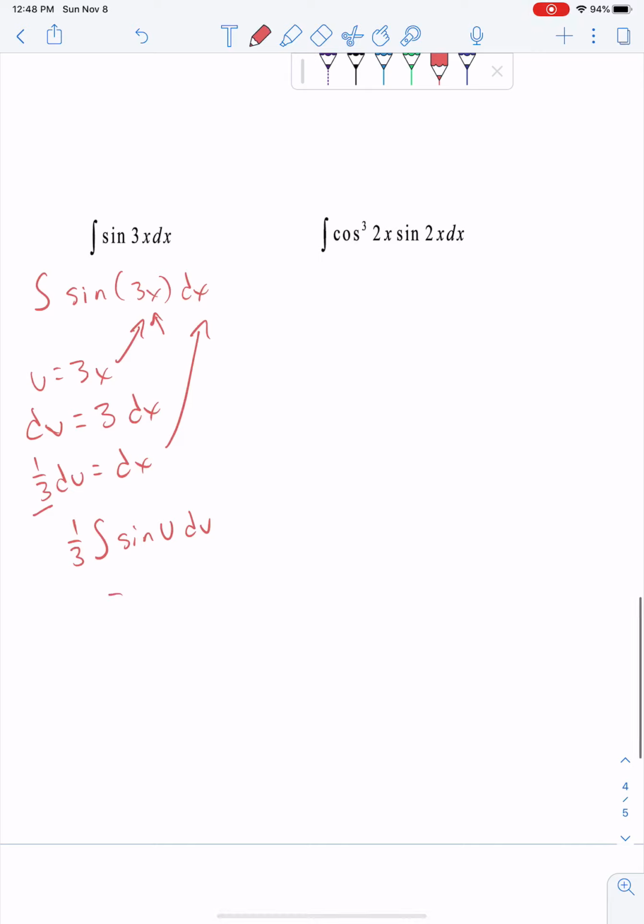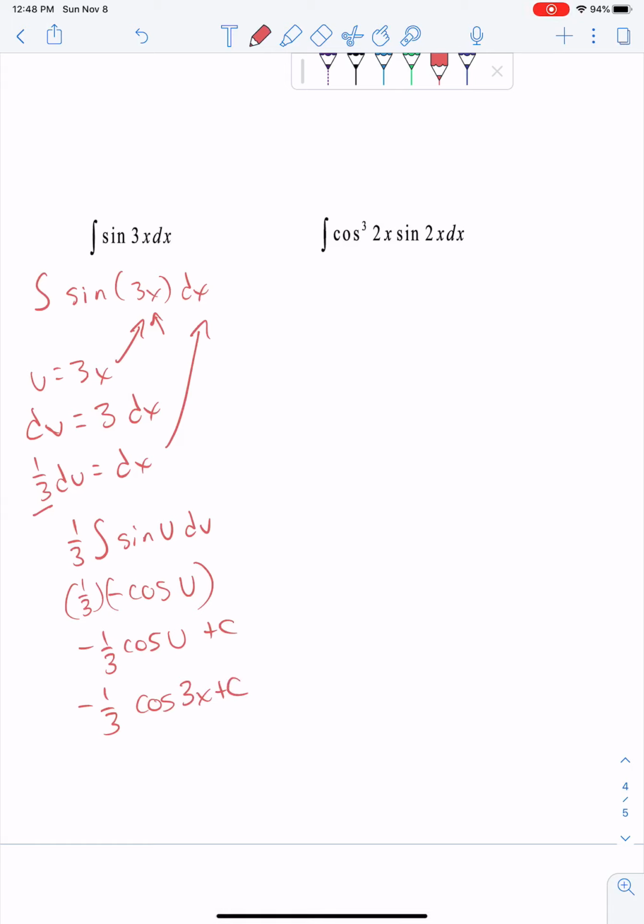Well, that's just the negative cosine of u. And then don't forget that I have this 1/3 out in front that I need to multiply by. So that just becomes negative 1/3 cosine u plus c. And I really don't want the u, so I just replace it back with my 3x.